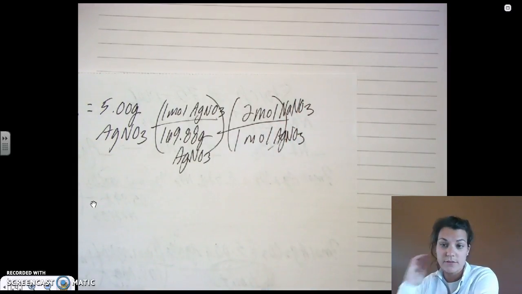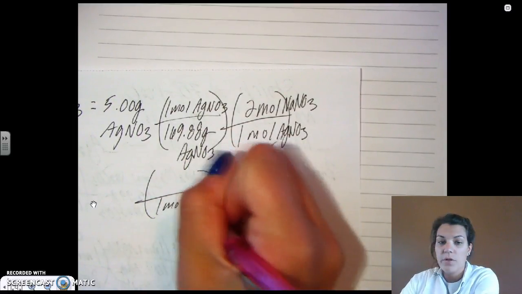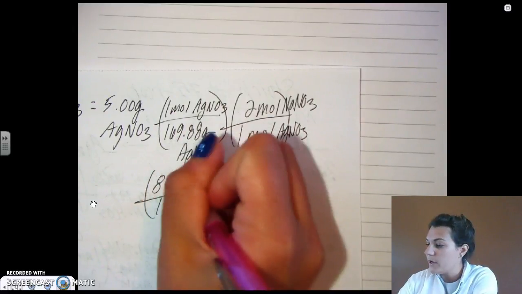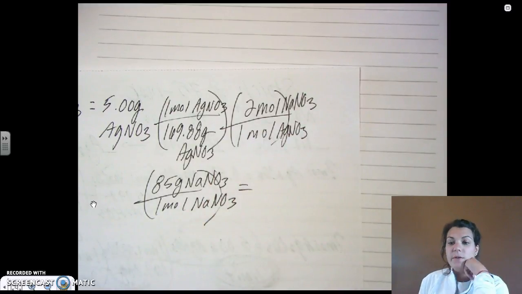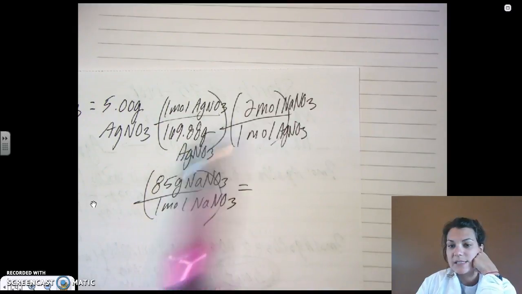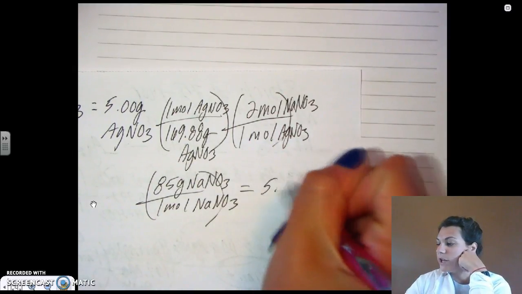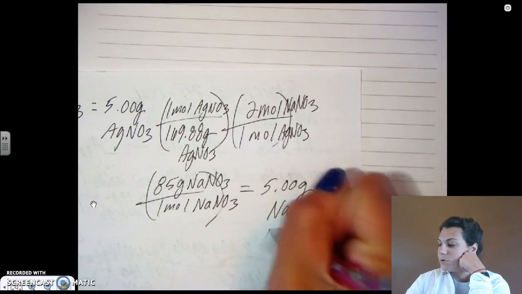Okay, so then moles cancels, and then my last conversion would be for every 1 mole of sodium nitrate, it would weigh 85 grams of sodium nitrate. Okay, so if I was to plug this all into my calculator, 1 divided by 169.88 times 2 times 85, I should get 5.00 grams of sodium nitrate produced.